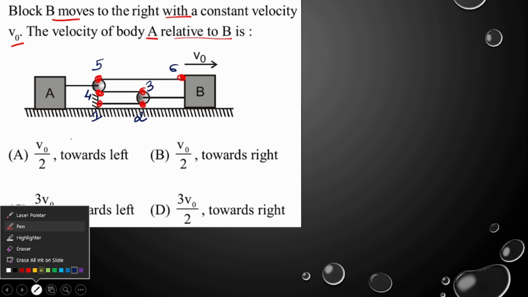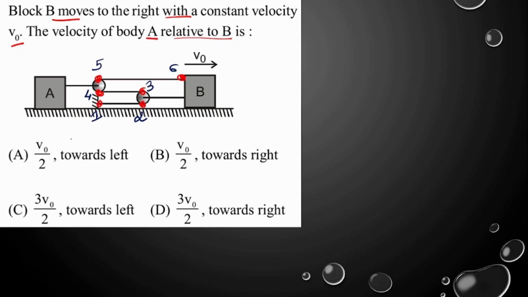Applying the point method, point 1 is going nowhere, so 0. Point 2 is going towards right with velocity of B, so that is increasing the length, so for point 2 we will write plus v naught. For point 3 again plus v naught because increasing the length. I am considering that A is going towards right, so point number 4 is decreasing the length, so that is minus va.